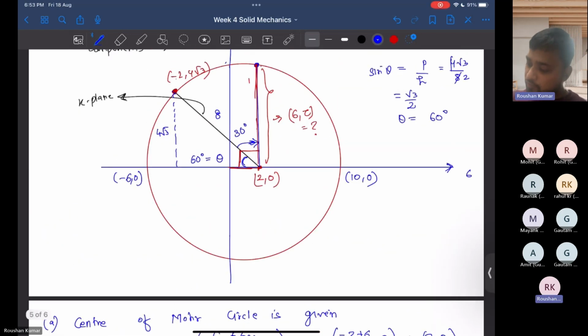So I also move clockwise from the x-axis plane. As we move 30-degree clockwise from the x-axis plane, we can find out this straight line that I show here, and in this plane we have to find sigma and tau. So what is the value of sigma here? That is 2 unit, and what is the value of tau here? That is 8 unit.